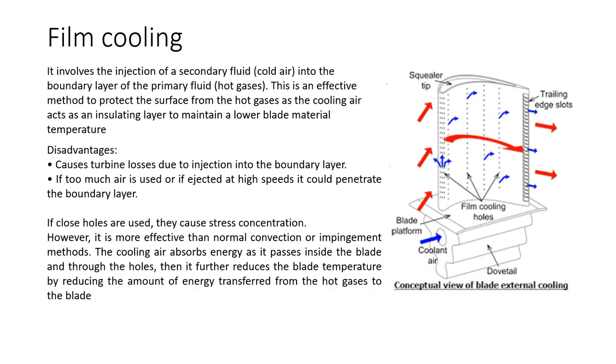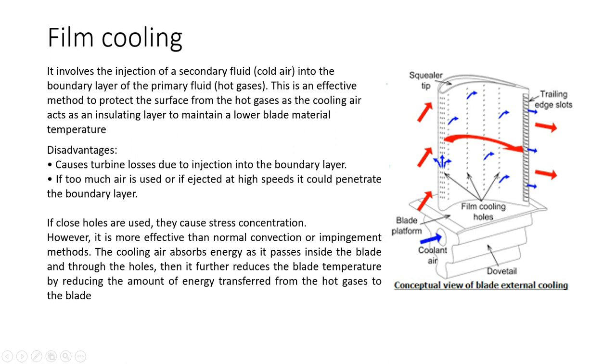So film cooling. Like I said, it is all convection heat transfer, but you are refining the cooling process, thereby trying to extract a greater amount of heat. In film cooling, you'll have numerous pores all over the turbine blade like this.